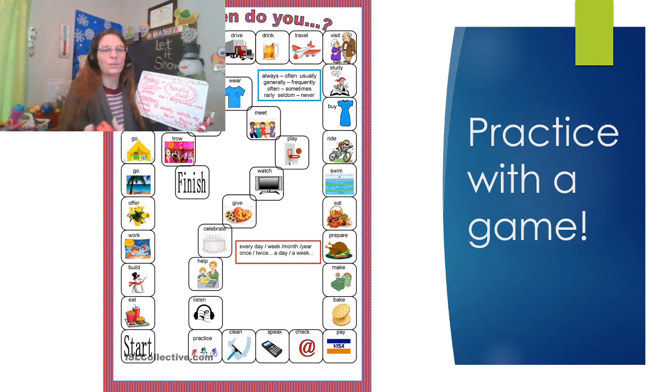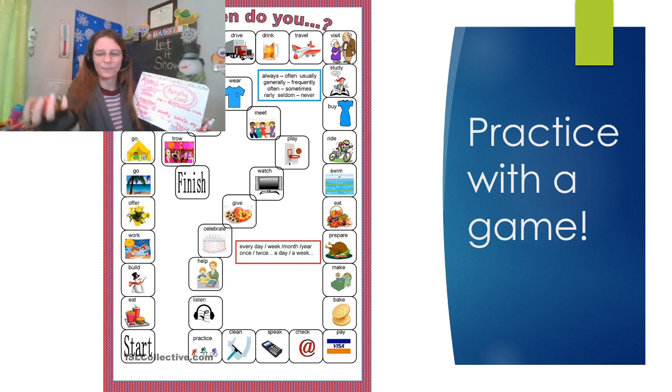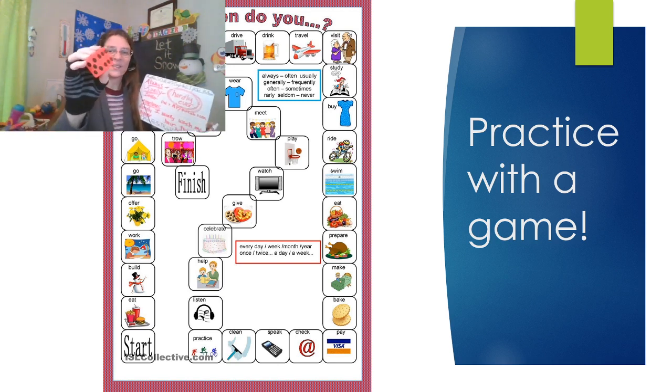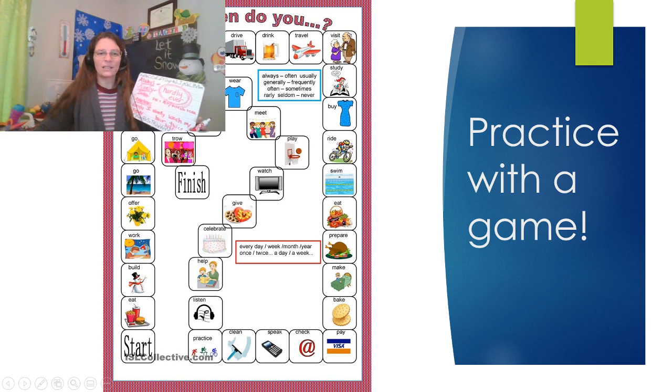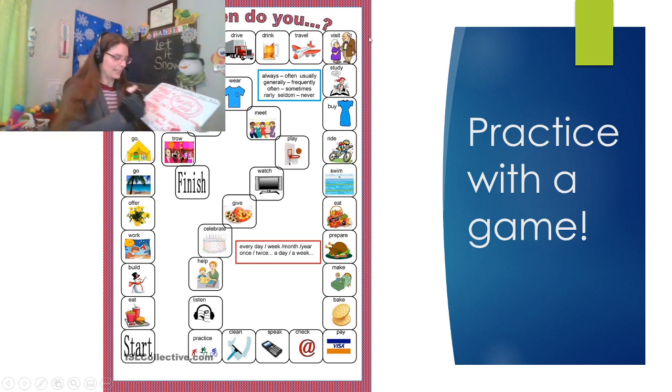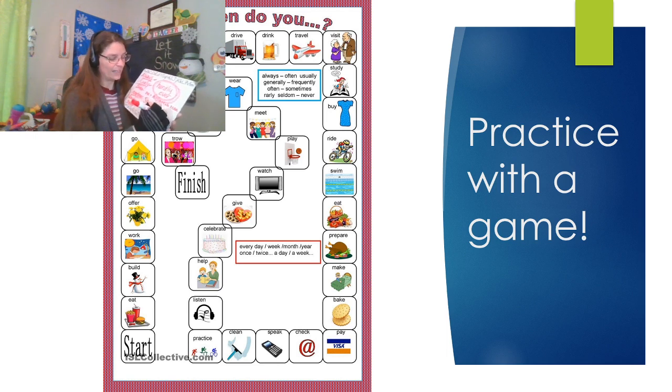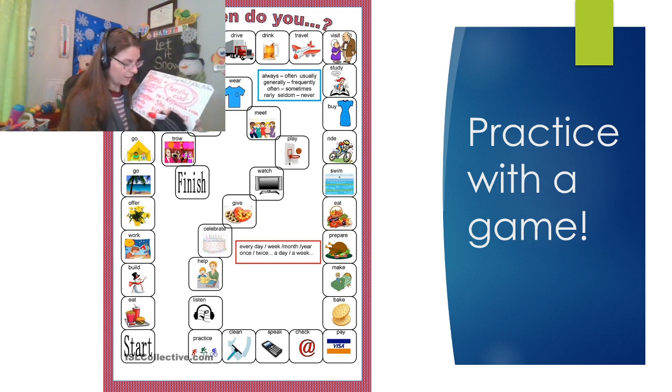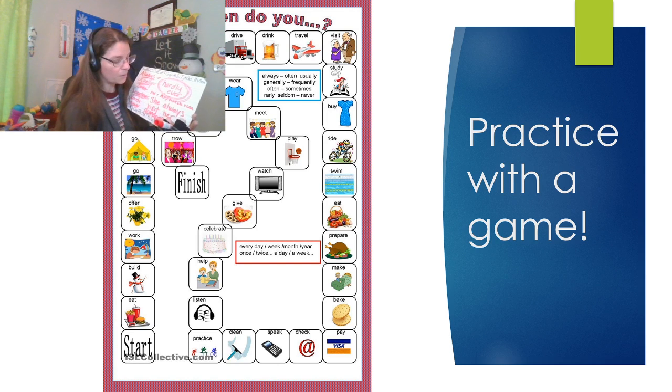Okay, let's do one more. Oh, we got a big number, 6. From wash. 1, 2, 3, 4, 5, 6. Oh, this is nice. Who are they? Yeah, grandparents. I will use a different one.